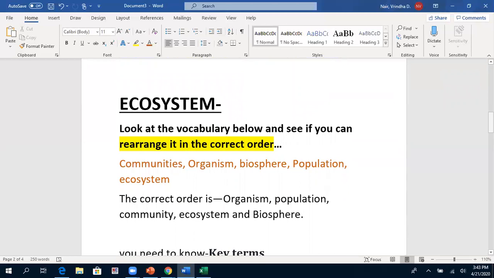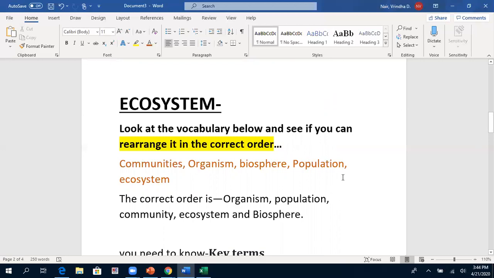A group of organisms together becomes a population. A group of populations together becomes a community, and a group of communities put together becomes an ecosystem, and it becomes a biosphere.